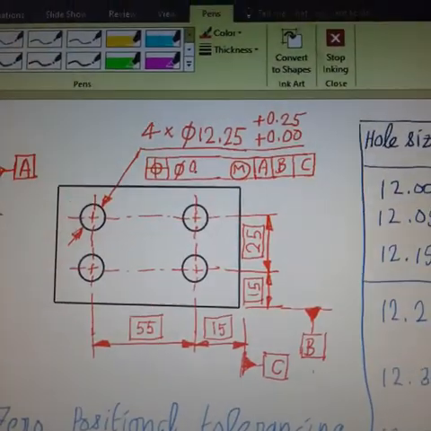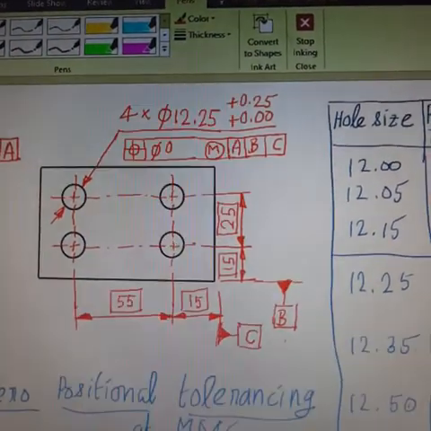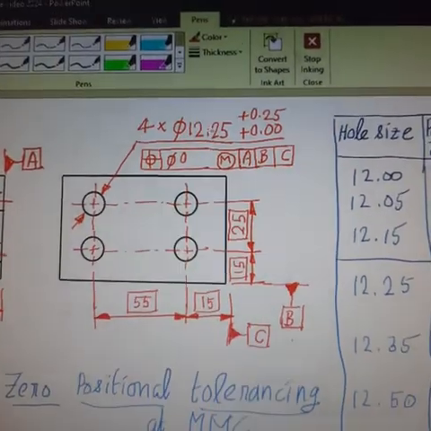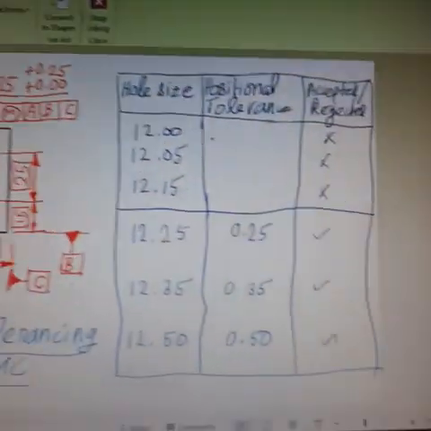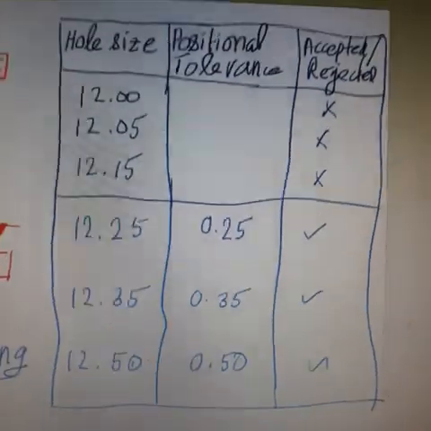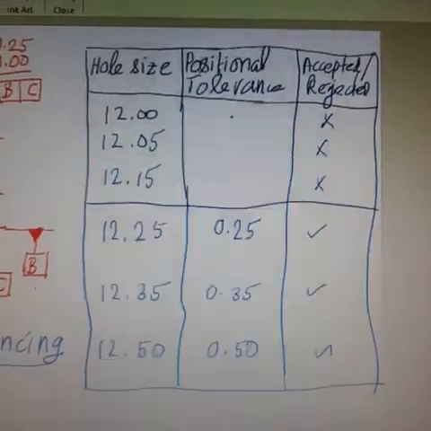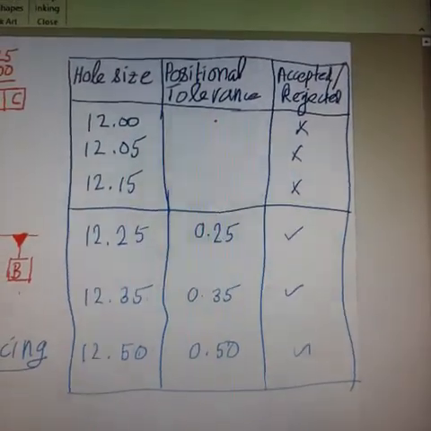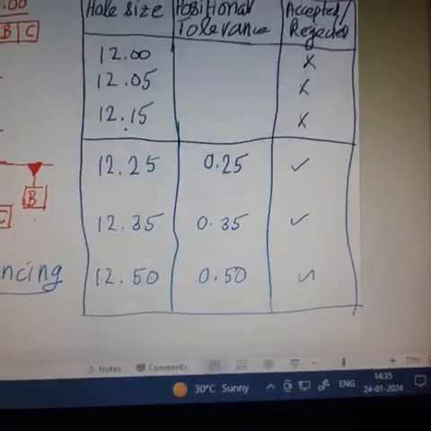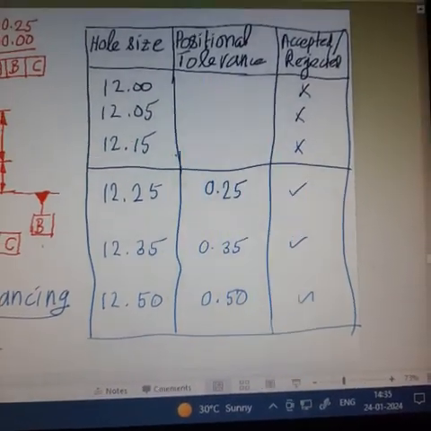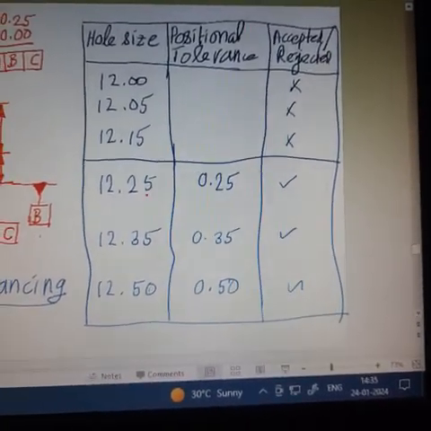To do that, you have to make some changes in the size of the hole. We have to find out at what size of the hole the applicable value of position tolerance becomes 0. So we have to further find the applicable value of position tolerance beyond MMC.